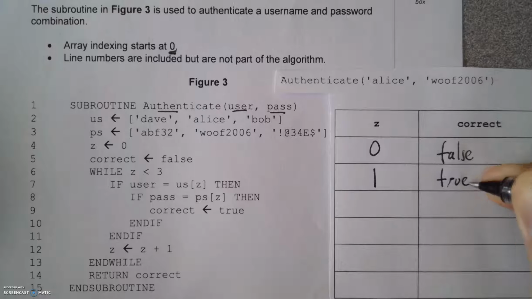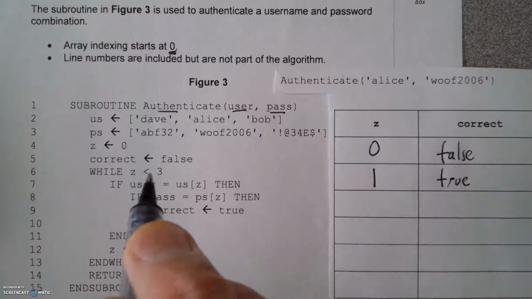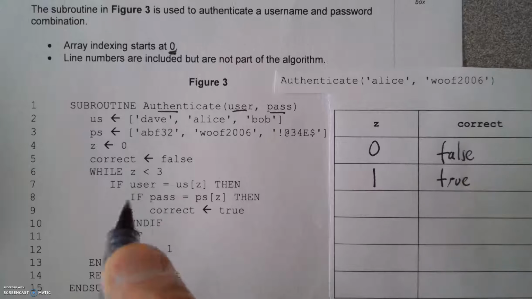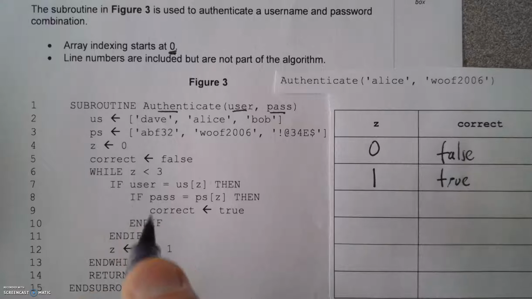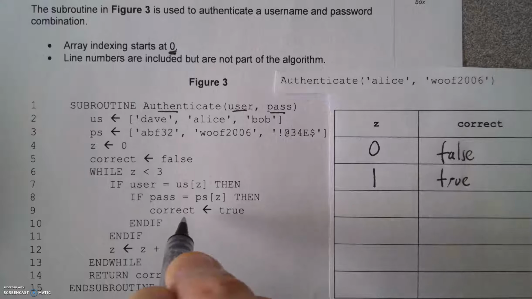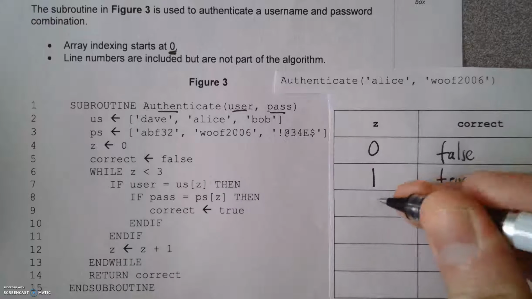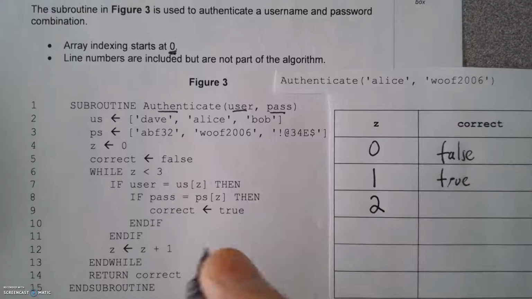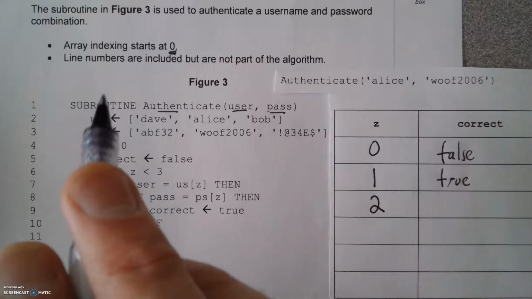And it's still not finished because z is less than 3. Sorry, I missed that off. z equals z plus 1. I should have put that on there. That goes to 2 now. My mistake there, apologies. Let's go back to the while loop.